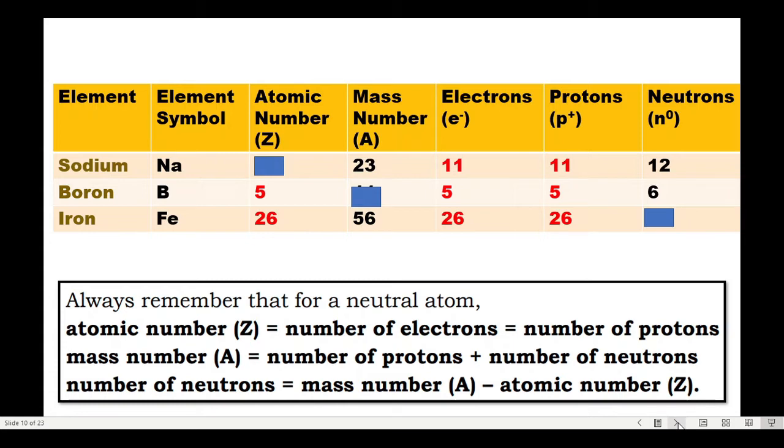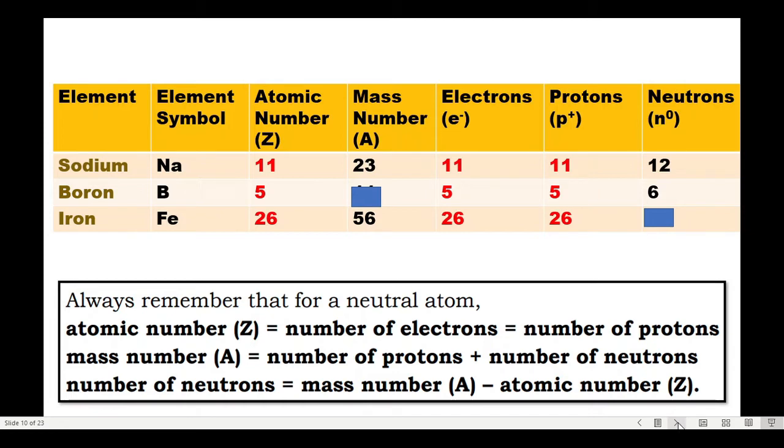Lagi yan. Kasi kung ano ang bilang ng proton, yun na magde-define kung anong uri ng element yun. Kasi yun din yung magde-define ng atomic number niya. So, if the sodium is 11 sa proton, therefore, 11 din ang atomic number.